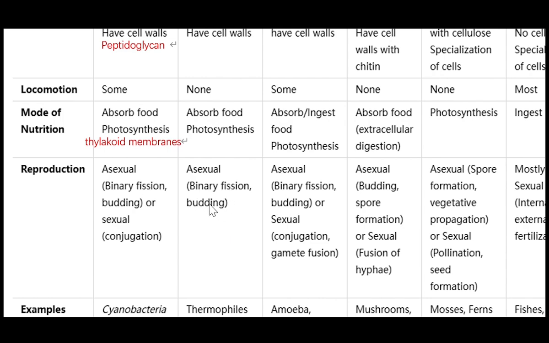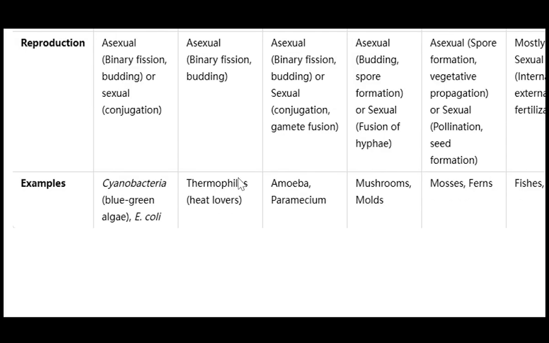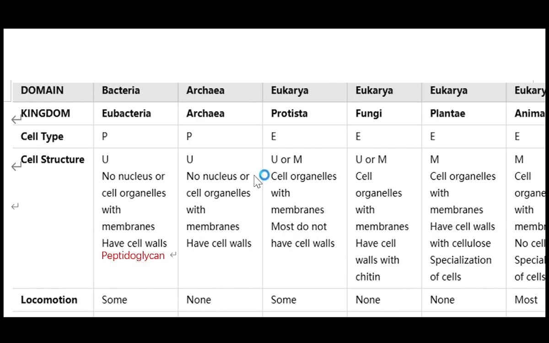In the lesson, I did not mention budding at all, and that is not part of grade 11 content. I want you guys to take a look at the example of archaea here. Again, in the last episode, where we talked about archaea, I gave you guys some examples of archaea, which include thermophiles, right? And methanogens, etc.